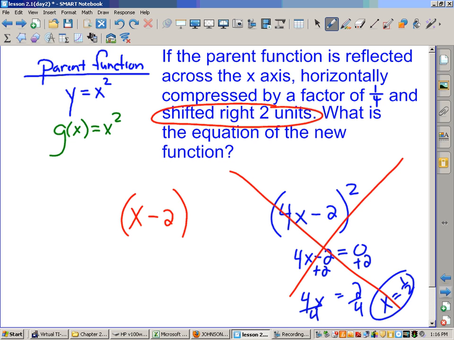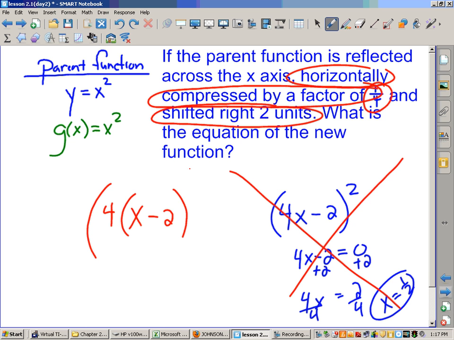The next factor right here is horizontally compressed. So automatically, I know I'm going to take this x variable and multiply it by that horizontal compression factor. And since it's 1/4, I got to multiply that x, which is being shifted right, by 4.